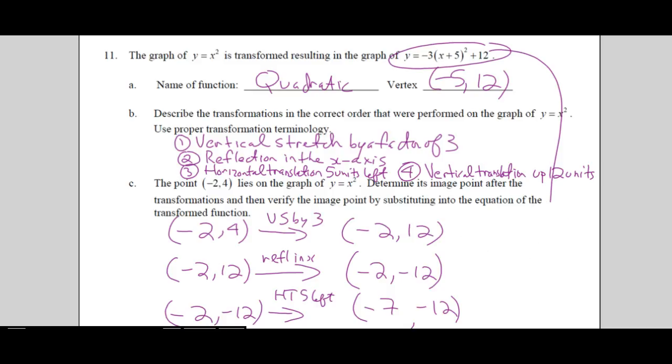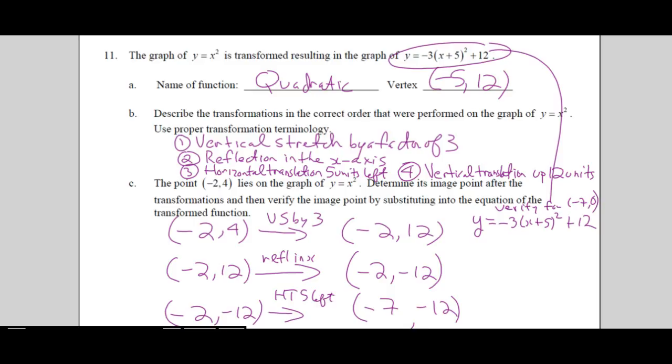Okay, wait a sec, what am I checking that against? We'll verify. We have the equation y equals negative 3 times x plus 5 squared plus 12, and we're trying to verify that for negative 7, 0. So we're going to put in negative 7.